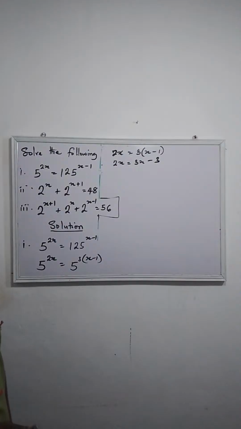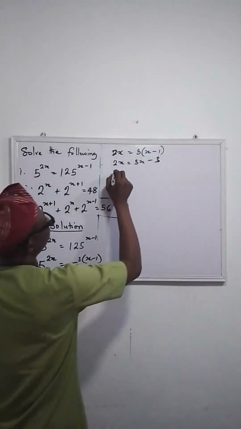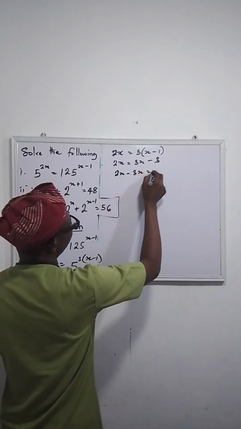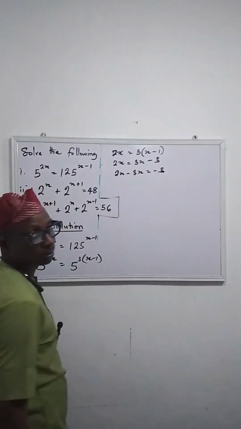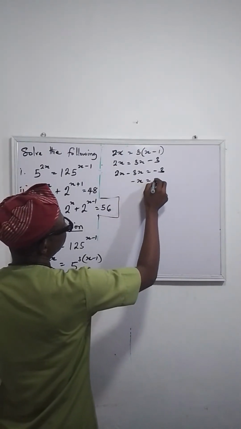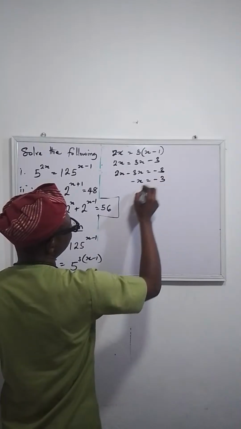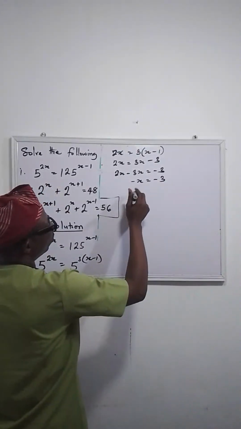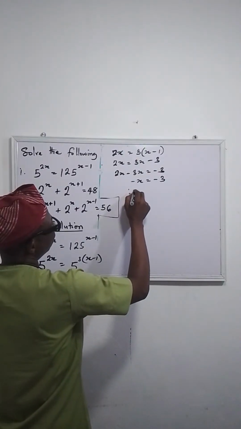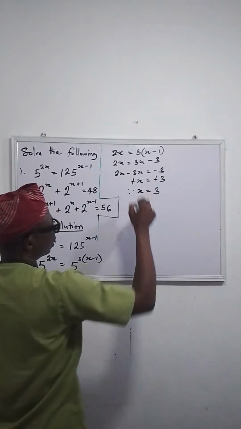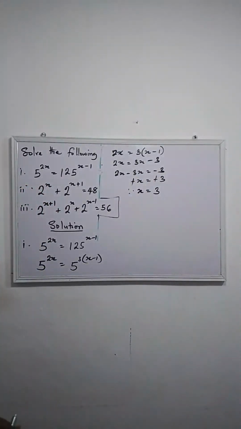Here you collect the like terms. So you have 2x minus 3x equals negative 3. So when you subtract, you have negative x equals negative 3. Multiply the negative by both sides. Therefore x equals 3, because this will cancel this out. So that is the answer to the first question.